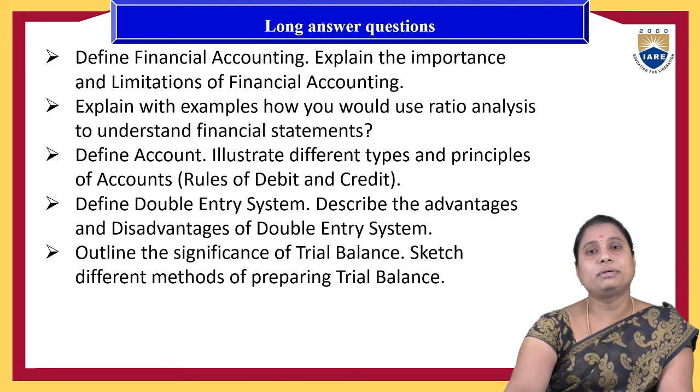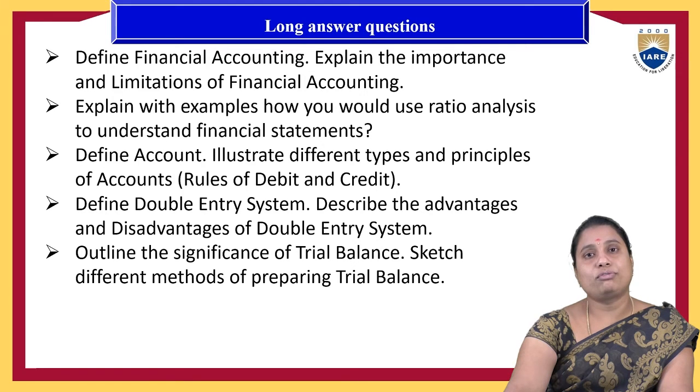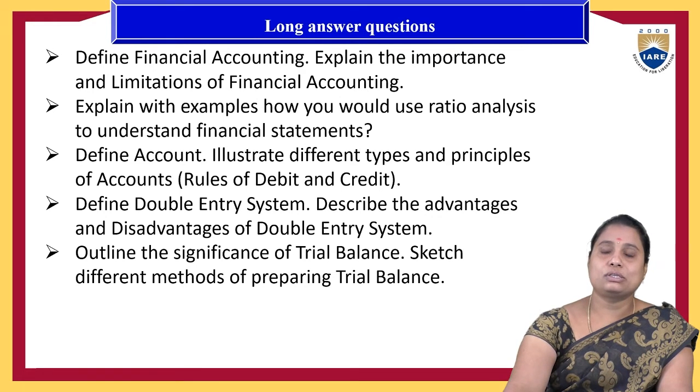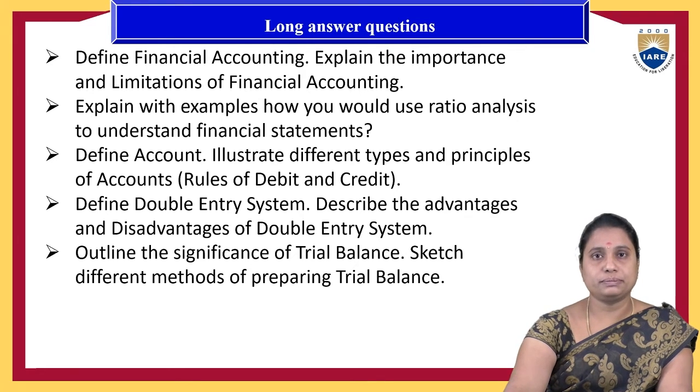Examples, and the rule is debit the receiver, credit the giver. And real account, examples of the real account, and the rule is debit what comes into the organization, credit what goes out from the organization. Nominal account meaning, examples, and its rule: debit all expenses and losses and credit all incomes and gains. So all these we need to highlight and explain under these types of accounts.